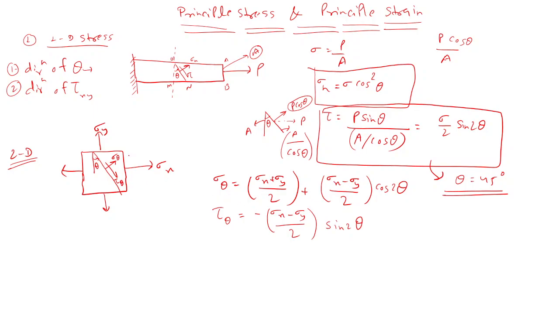If you are considering theta this way while deriving the formula, and you consider tau in this direction, then this formula is correct. So here this minus won't come, because this will become positive. That's why I have taken it in this direction.